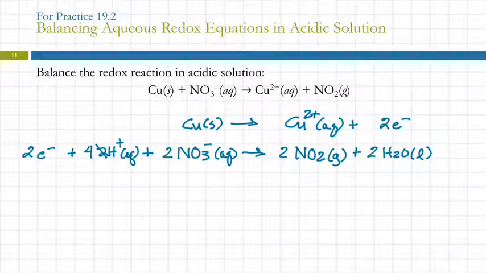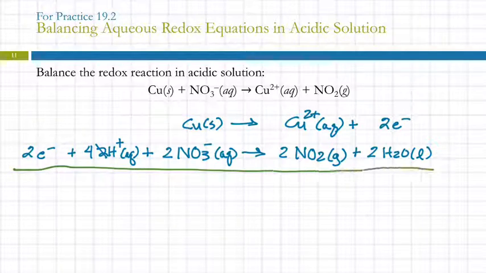Now we can add them together. So I have 2 electrons on each side. I cross those out. And start writing down what's left.